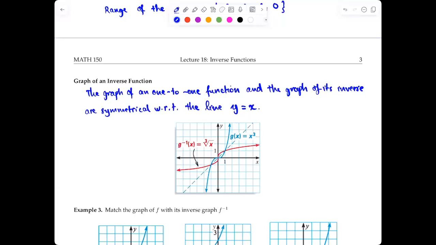Because of this, to find the inverse you basically switch x and y. I have an example here. The original graph is the one-to-one function x cubed, and the inverse of x cubed is the cube root of x. So the graph in blue and the graph in red are symmetrical with respect to the line y equal to x because they are inverses of one another.